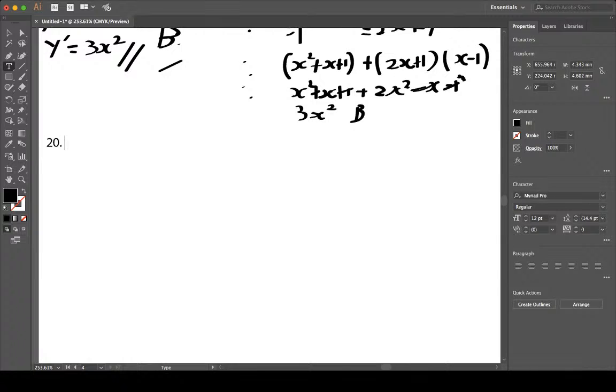So number 20, the first derivative of the function.